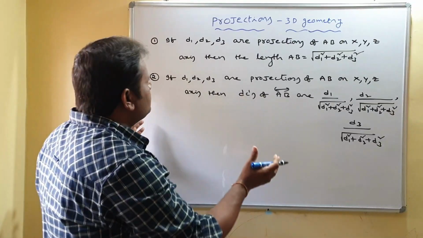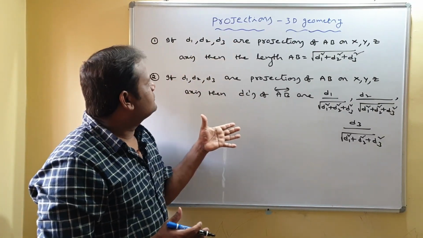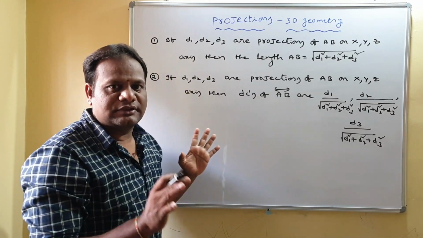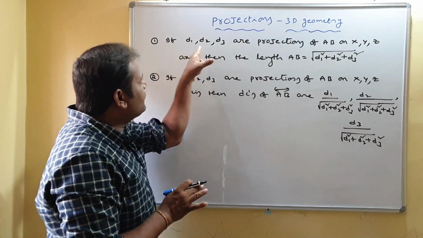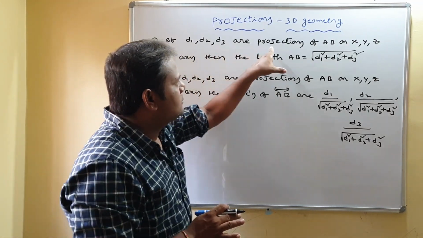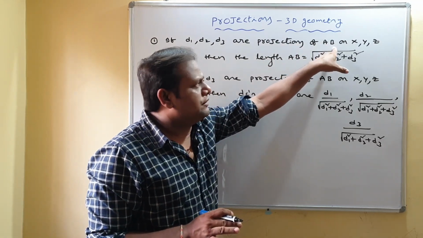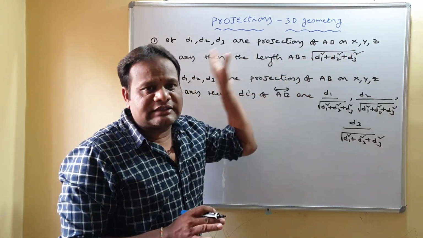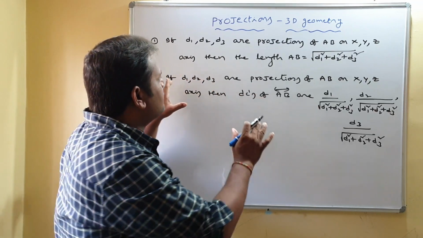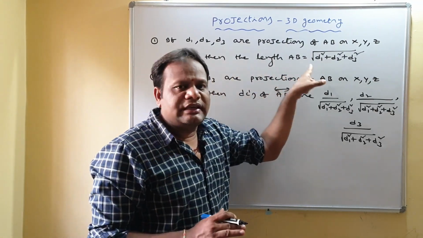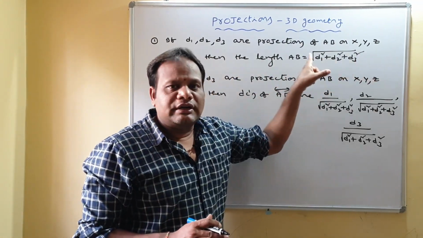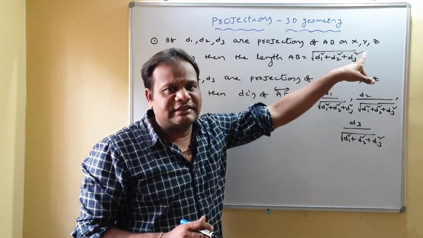And you remember these two results regarding this concept. If d1, d2, d3 are projections of AB on the xyz axes, then the length AB is square root of d1 square plus d2 square plus d3 square.